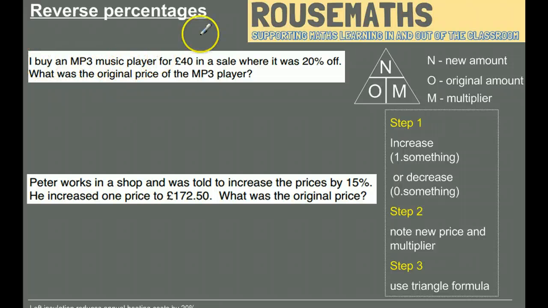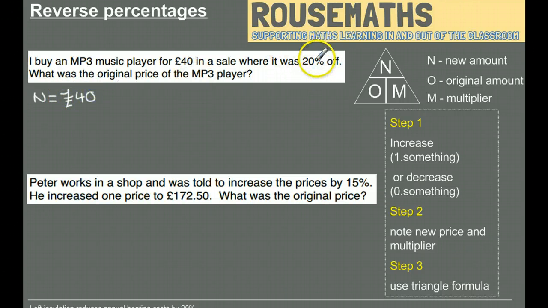So we've got here an example of a reverse percentage, and the reason it's a reverse percentage is because we've got a £40 in the sale after the 20% has been taken off. So we're going to put all these pieces together, and what we've got to look at is if you ever get one where the new amount is given, so I'm referring to my new amount here is £40.